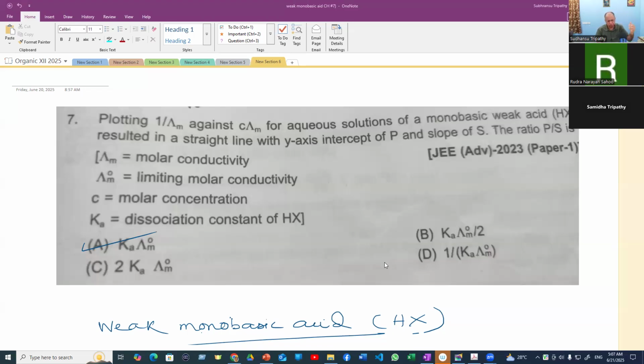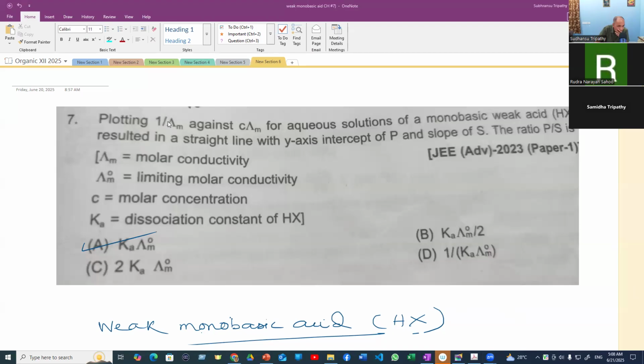So during the linear region, if we analyze for a weak acid like acetic acid or any monobasic weak acid, then what will be the nature of the graph?